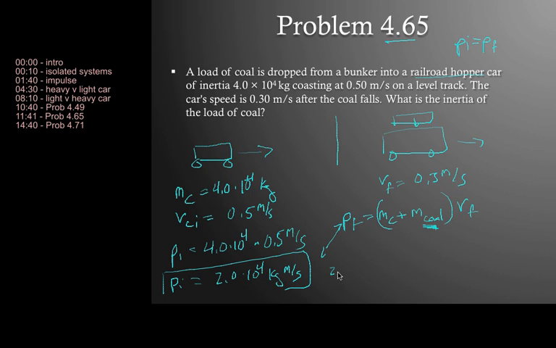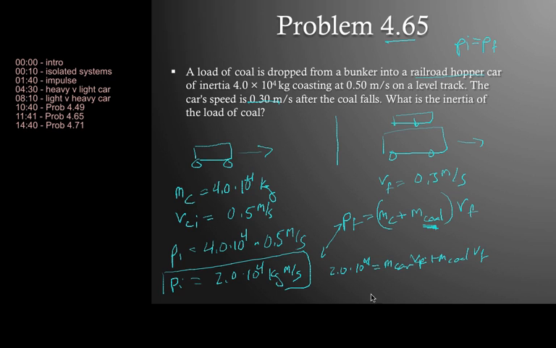So here we have this 2.0 times 10 to the 4 is going to be equal to this M of the car, V final, let's multiply them out, plus M coal, V final. Here we know this V final, that's this 0.3.